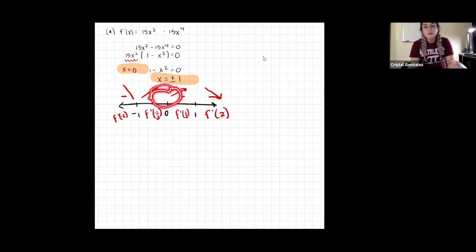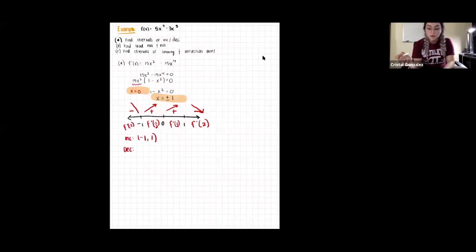It's not going to be a minimum or a maximum. So our intervals for increasing are just going to be right here in the middle, from -1 to 1. And then our intervals of decreasing are going to be from -∞ to -1, and then we're also going to do it from 1 to infinity.